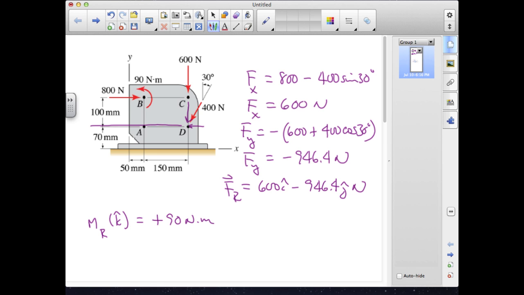And then we have clockwise contributions from all of the forces. So I'll bring the negative out in front. We have an 800 Newton force, which acts through a 100 millimeter or 0.1 meter moment arm. And we have the 600 Newton force, which acts through a 150 millimeter or 0.15 meter moment arm. And then we have the same moment arm for the y component of the 400 Newton force.